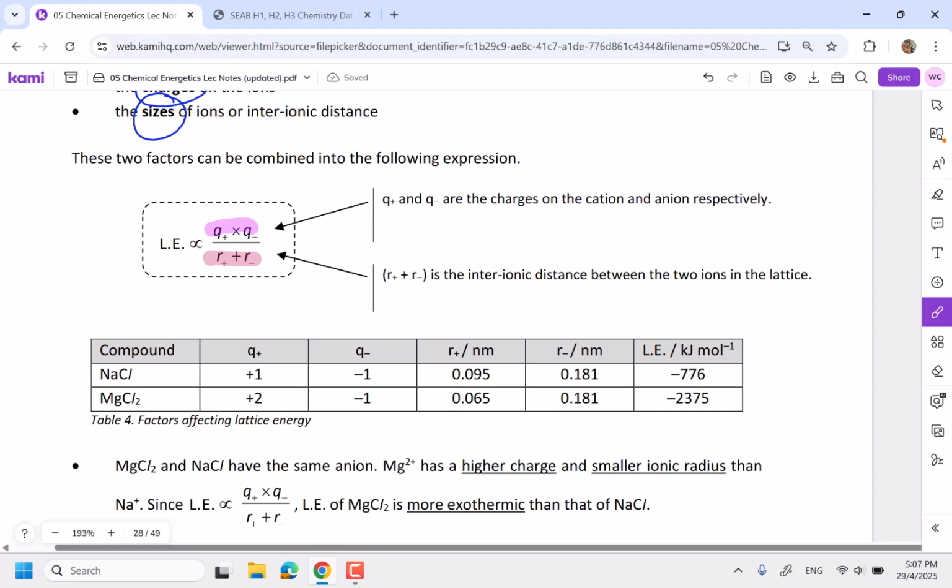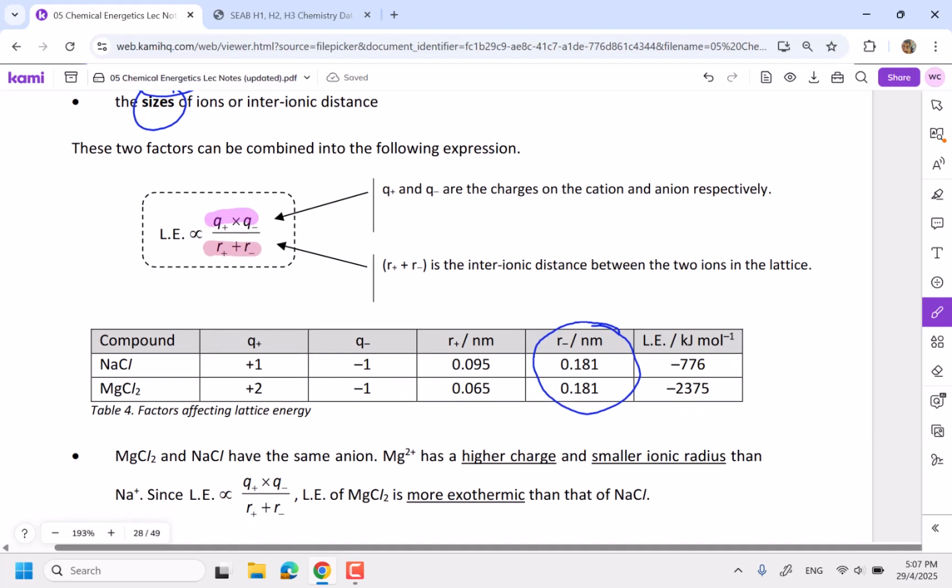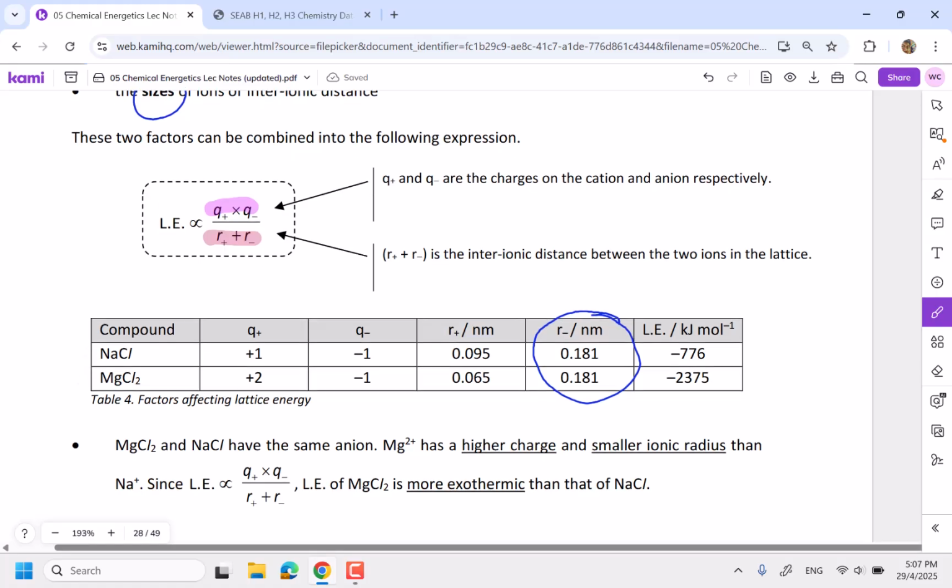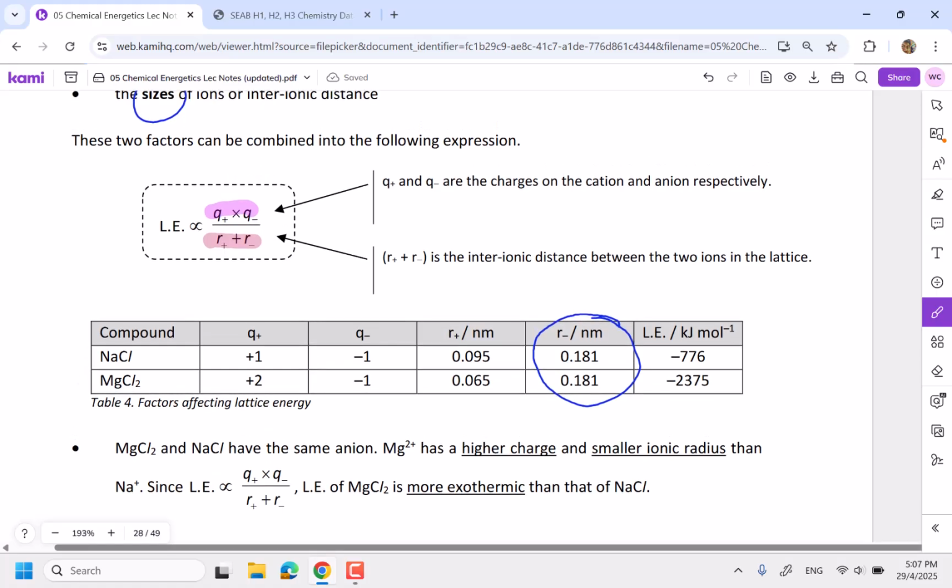Then both of them are chlorides, so the anionic radii is the same. Because the anionic radii is the same, we now focus only on the size of the cation. So is it possible to then reduce the relationship? Not possible, because the denominator is a summation.